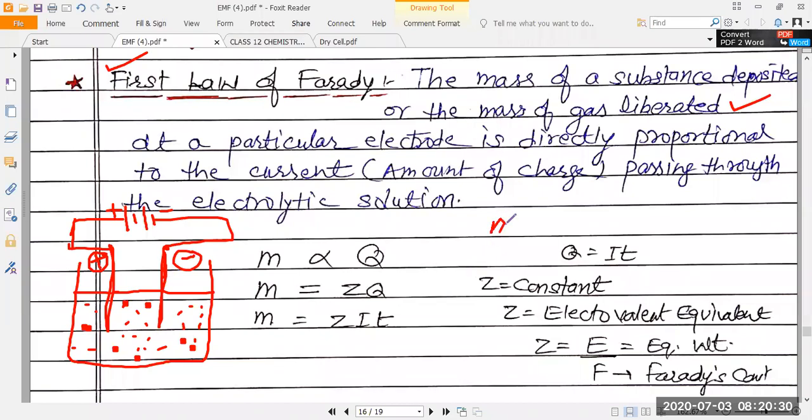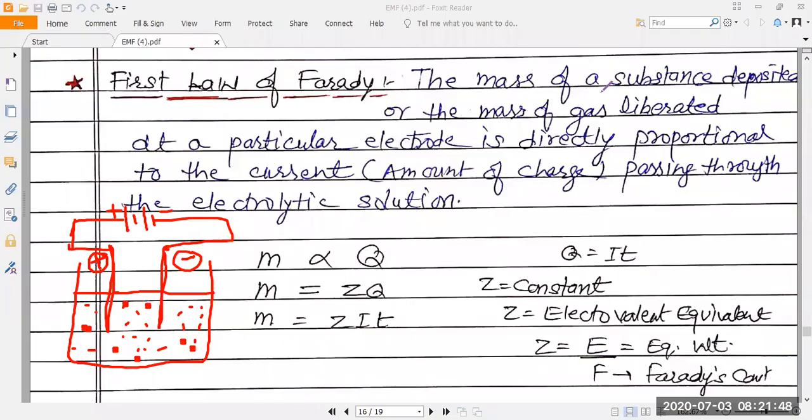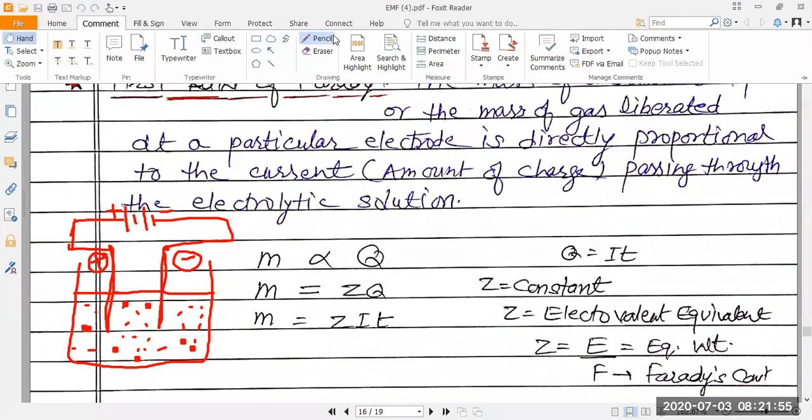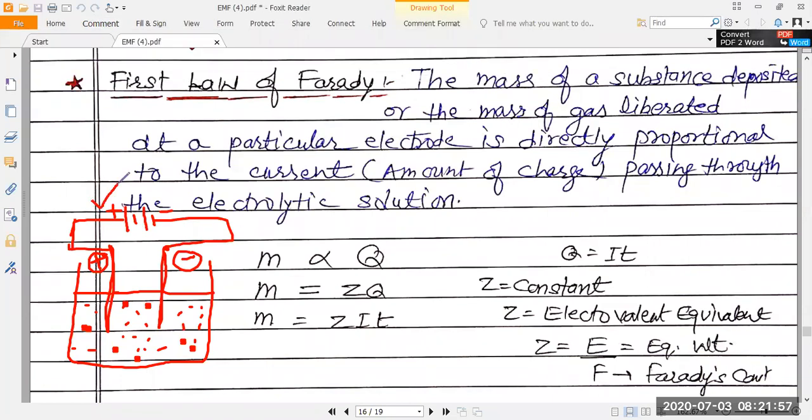Means the mass of product liberated or the mass of gas liberated at anode and cathode is directly proportional to the charge of the electrolytic cell. So this is according to Faraday's first law. If the amount of charge is more, then more product will be deposited at anode and cathode.